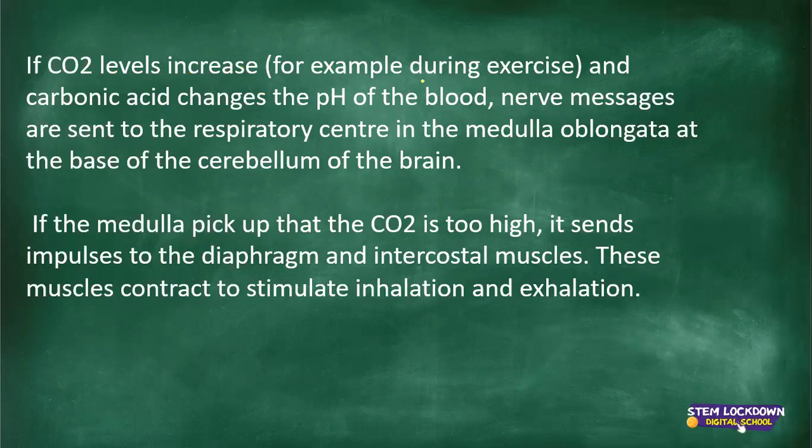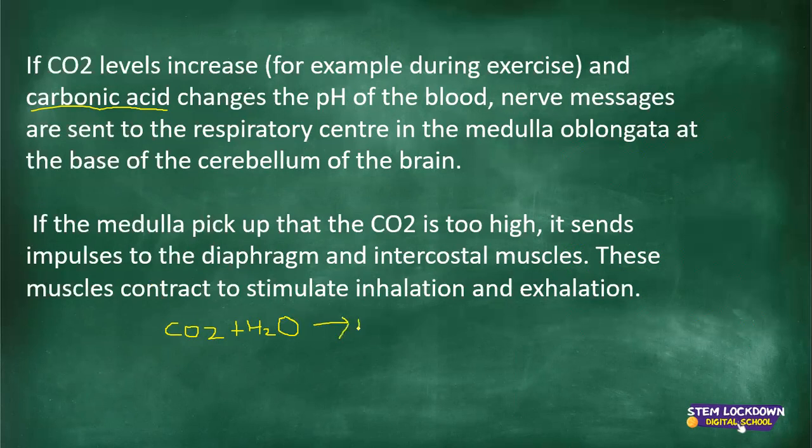And then what happens when the carbon dioxide increases? The carbonic acid changes the pH of the blood. Remember carbonic acid? It was when the carbon dioxide binds with the water. Remember that formula. I can go back to it. We showed you the different ways that carbon dioxide is transported in the blood.